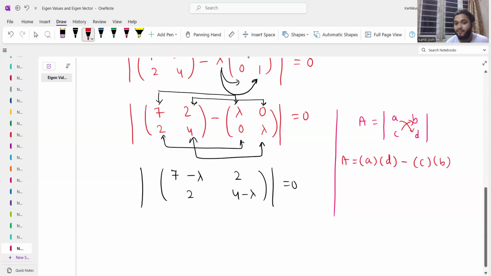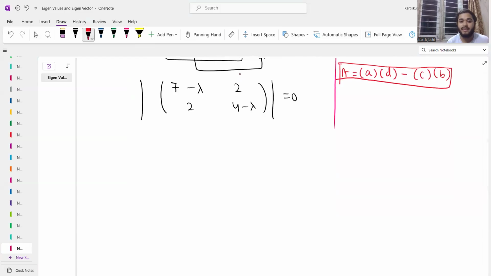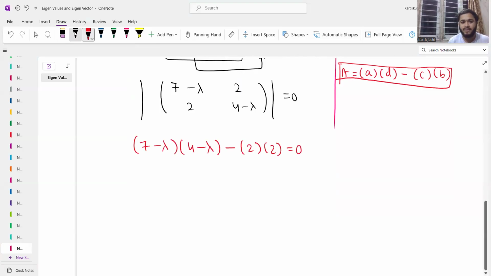This is the formula for the determinant of A. It is very easy. So we can say that (7 minus lambda) into (4 minus lambda) minus 2 into 2 is equal to 0. The common multiplication is 7 times 4, that is 28.